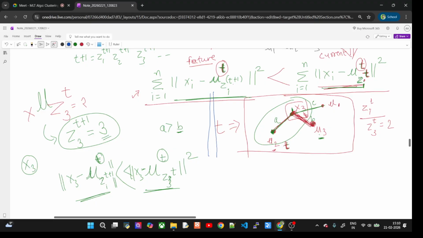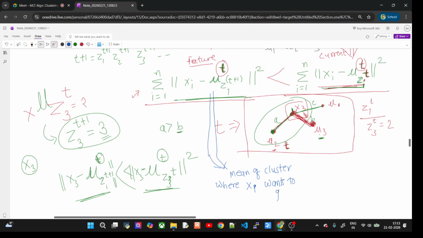This part, I'm writing the name of the part: mean of cluster, the mean of the cluster where xi, in our example x3, wants to go.